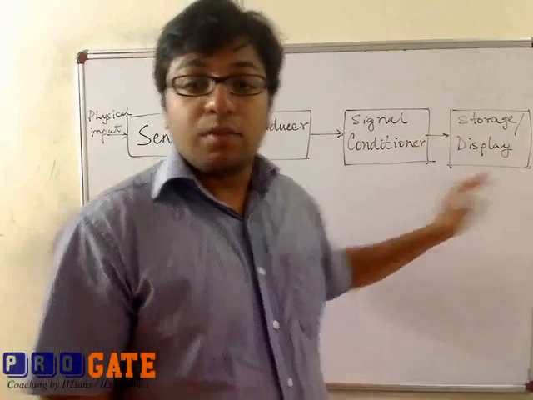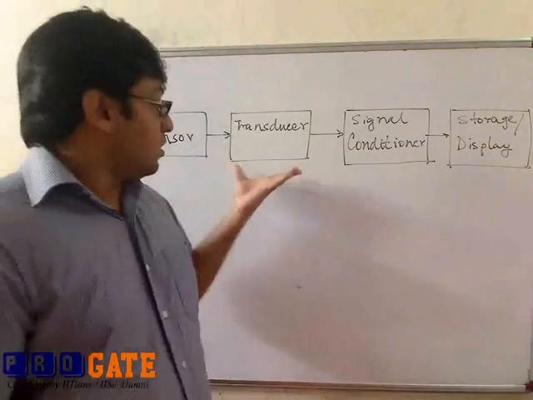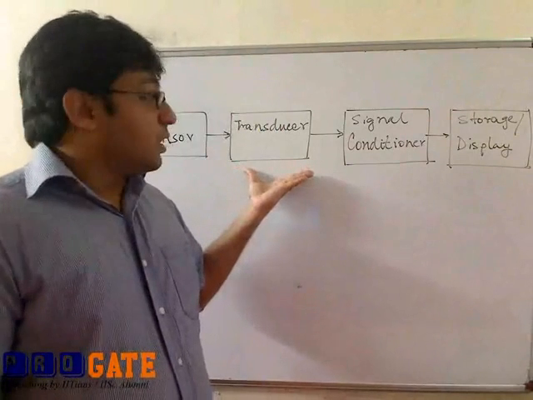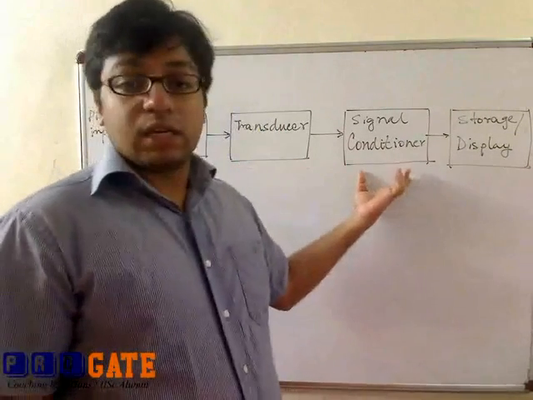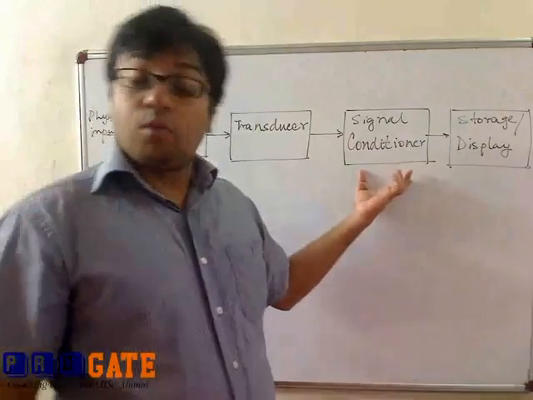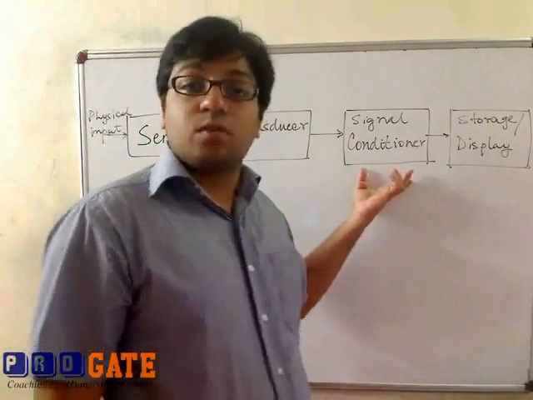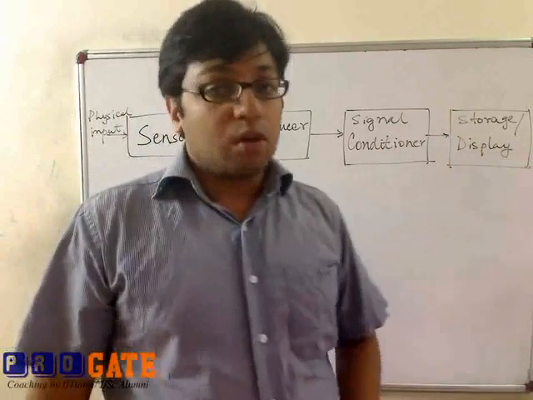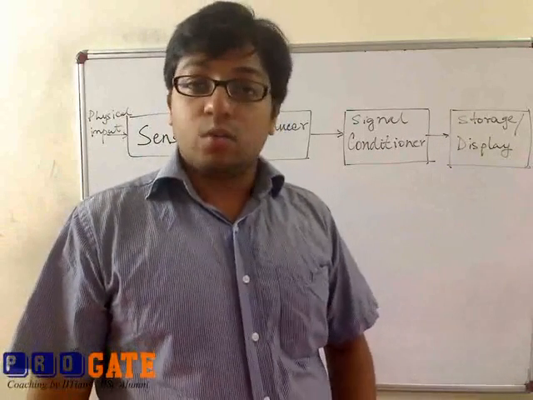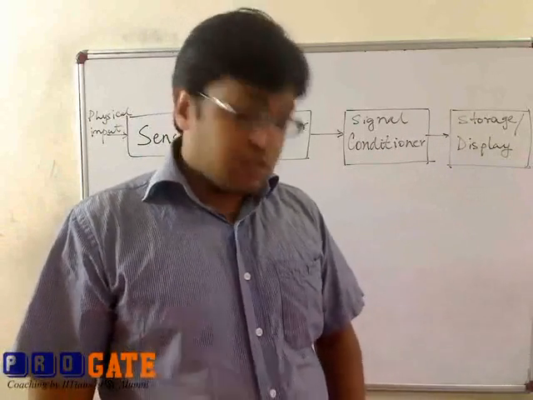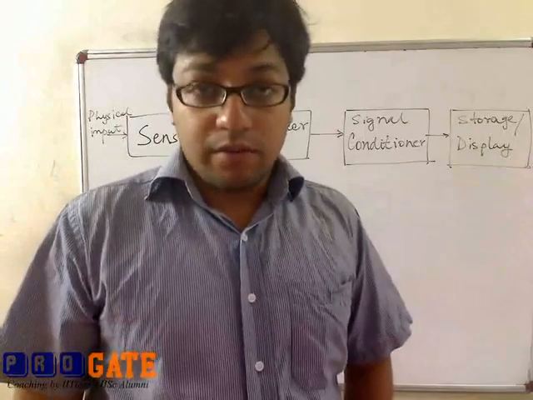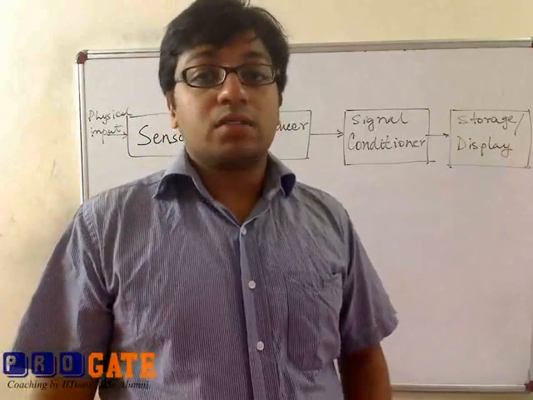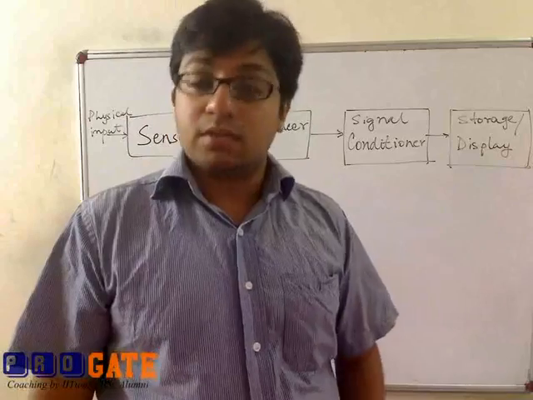Okay, so before we move on to transducers, we would like to learn a little about one kind of signal conditioner. And what is this signal conditioner? This is the Wheatstone bridge. You will have learnt about the Wheatstone bridge in other modules and also in your school level, but over here we'll revise it because it is one of the most important signal conditioning units that is used with many transducers.